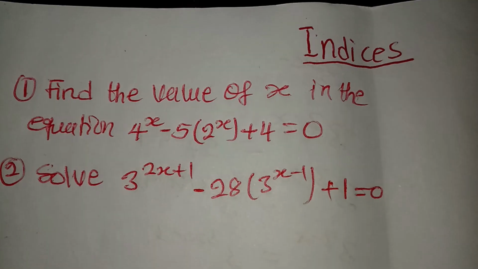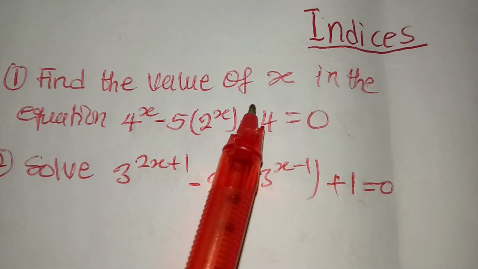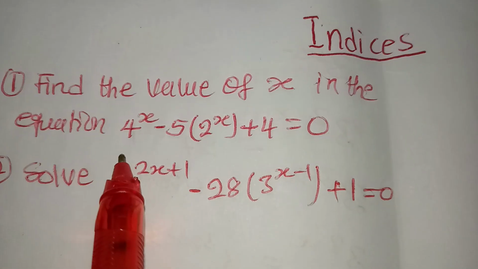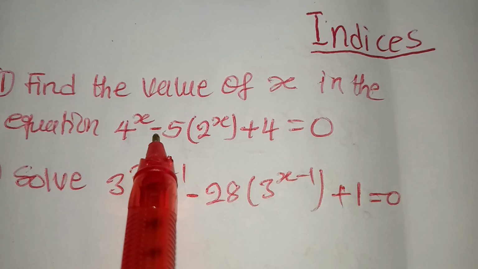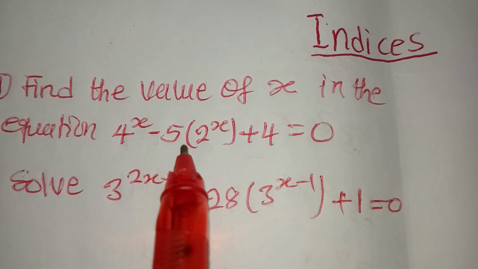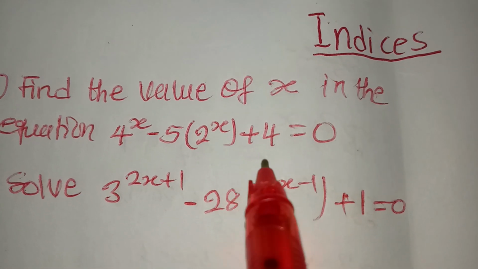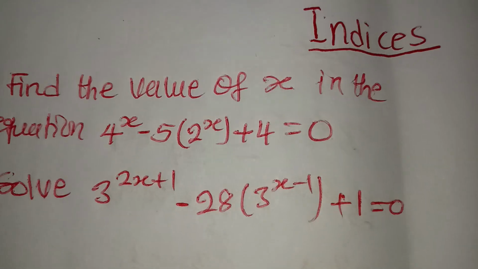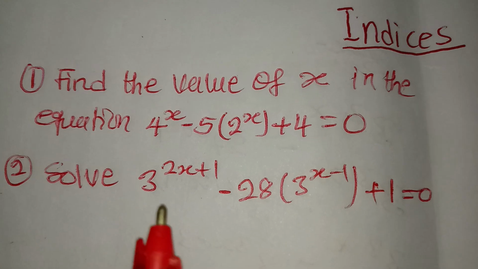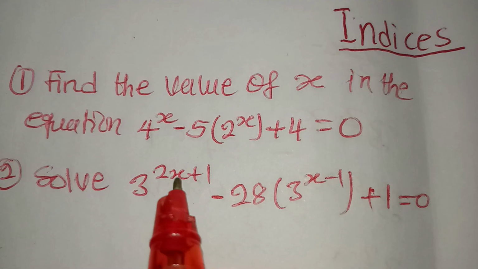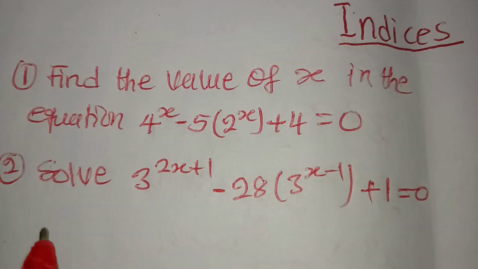Question one says, find the value of x in the equation 4 exponent x minus 5(2 exponent x) plus 4 equals 0. This is an indices question where we are to solve for the value of x.